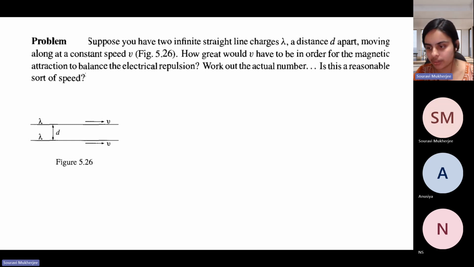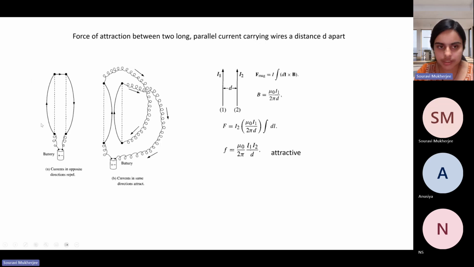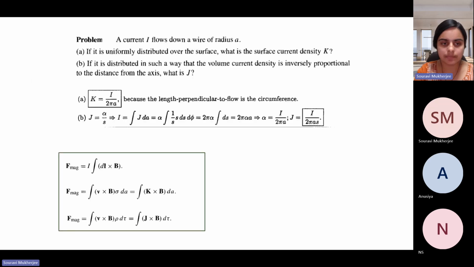Current is charge flowing per unit time. So from these two values provided here, can you say what is the effective current flowing over this straight line? It should be lambda into v, just as we discussed previously.